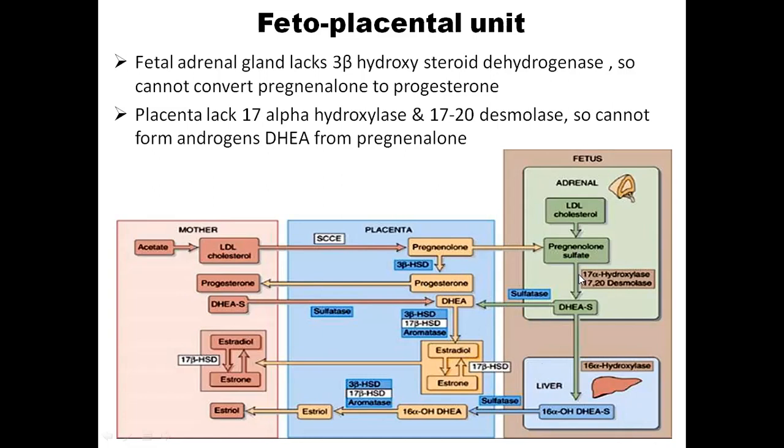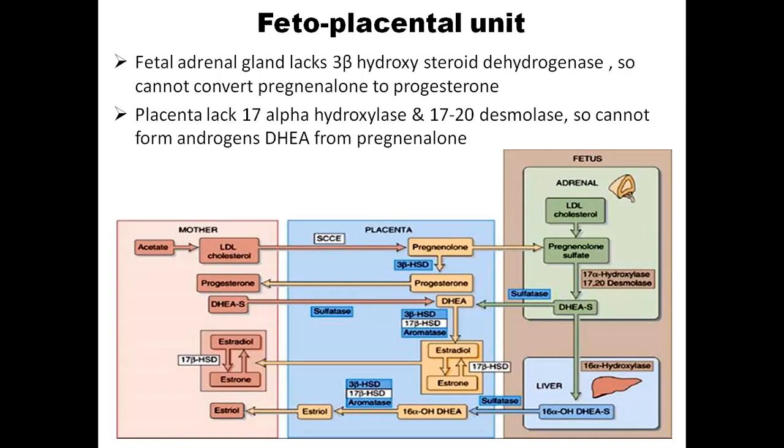This pregnenolone converts into enough progesterone by 3-beta HSD, and that is being produced in the placenta and goes into the maternal blood. So, to summarize, we see that both the placenta as well as the fetal adrenal lack certain enzymes and are interdependent on each other for steroid biosynthesis.